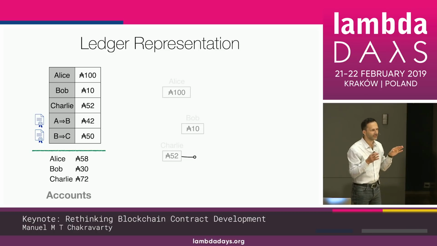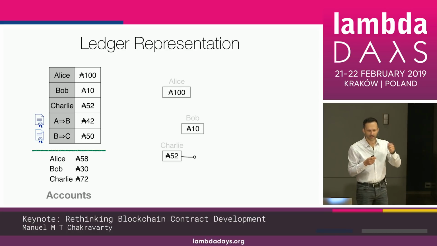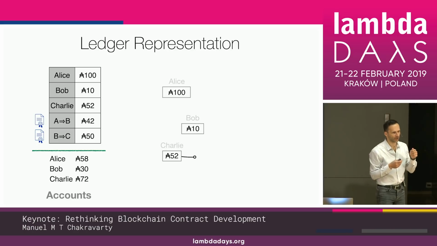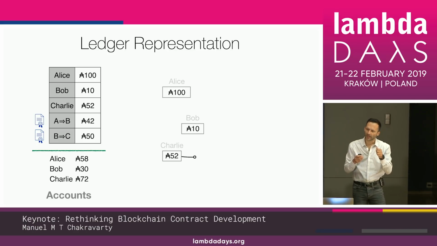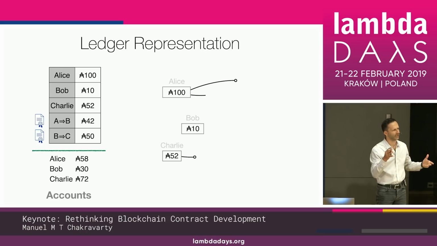So let's take this as a model. Let's suppose you've got this cash, or these individuals in this transaction, and now Alice wants to pay 42 ADA. ADA is the currency of the Cardano blockchain, so that's why I'm using it as an example. Then she only has 100, so she needs to get some change.